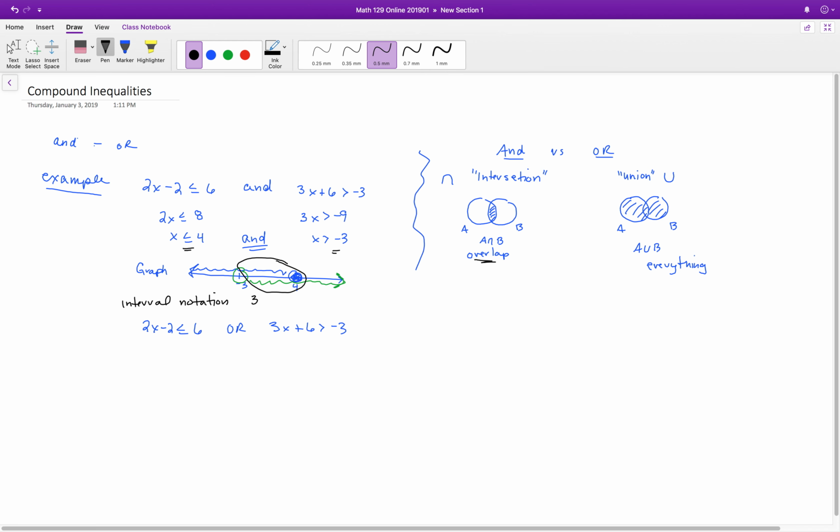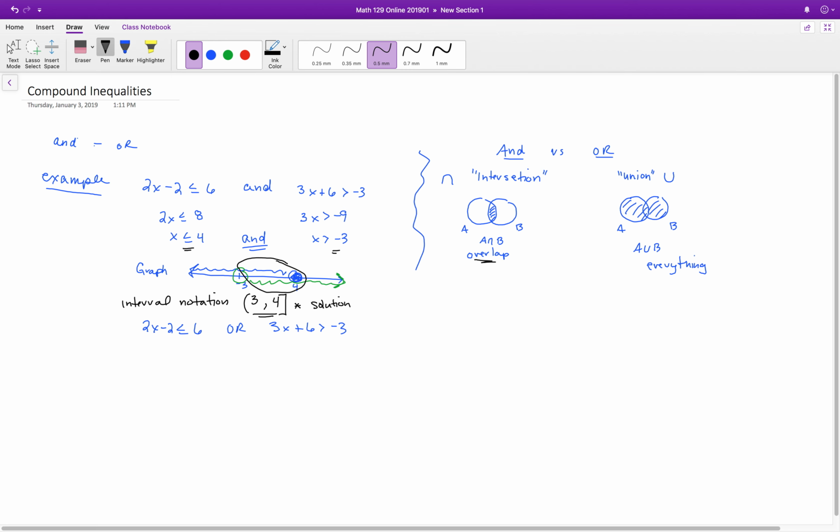So it would be from negative 3 to 4. I would not include negative 3, so that would be the round parenthesis because negative 3 is not in both sets. But I would include 4 because of the closed circle. 4 is in both sets. So the interval notation representation of my solution is this.